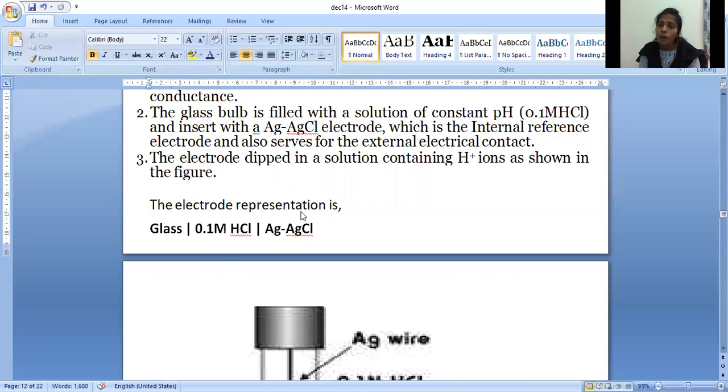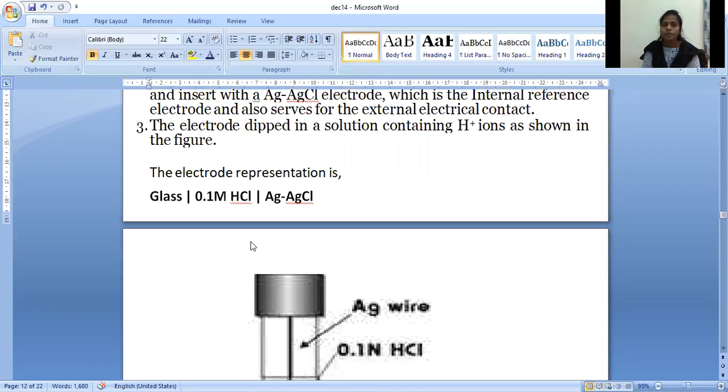But for an anode, how do we write? Electrode, then electrolyte. So what is the electrode here? AgCl is the electrode and 0.1 molar HCl is the electrolytic solution. Yes, so this is the cell notation for the glass electrode when it is acting as a cathode.